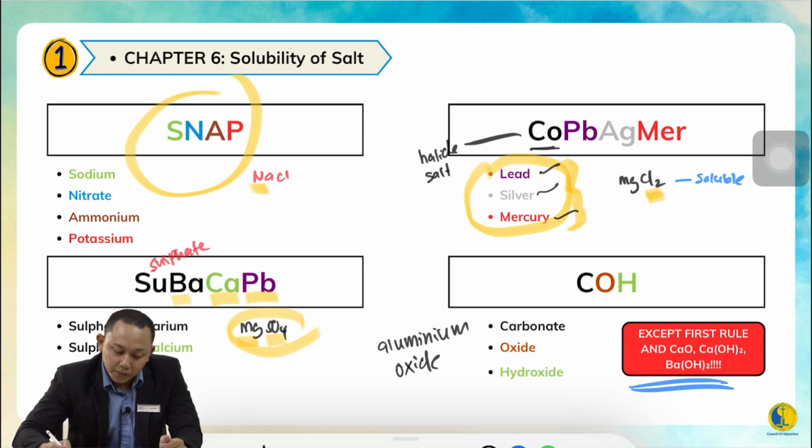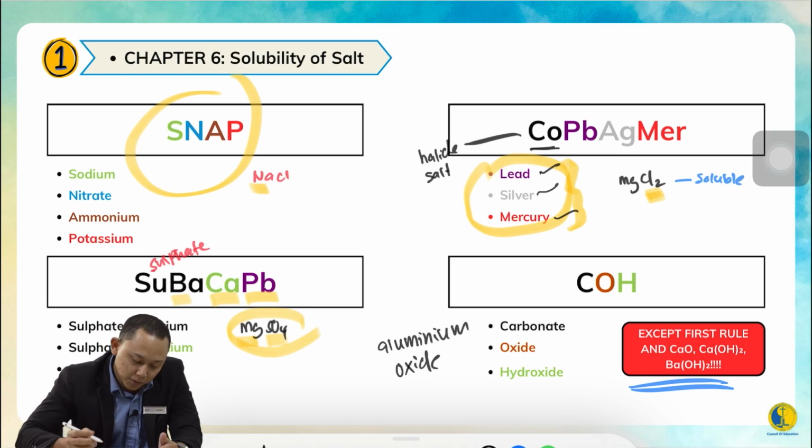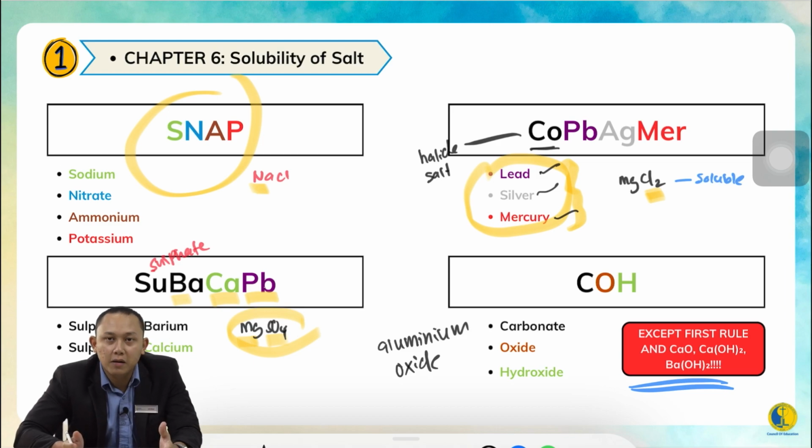But you need to look at the first rule, and also CaO, Ca(OH)2, and Ba(OH)2 do not apply to this rule. Do we have aluminium in the first rule? No, we don't. So what does it mean? It means aluminium oxide is an insoluble salt. Okay, alright.